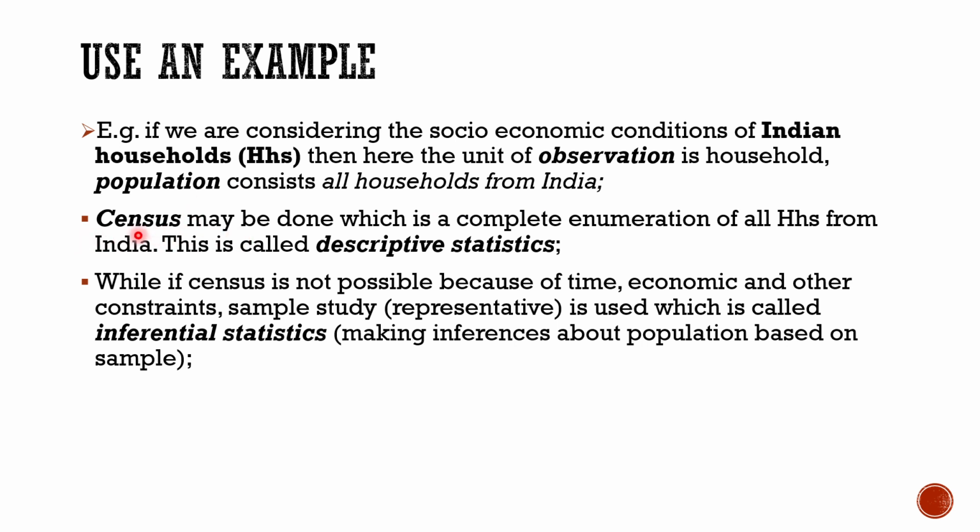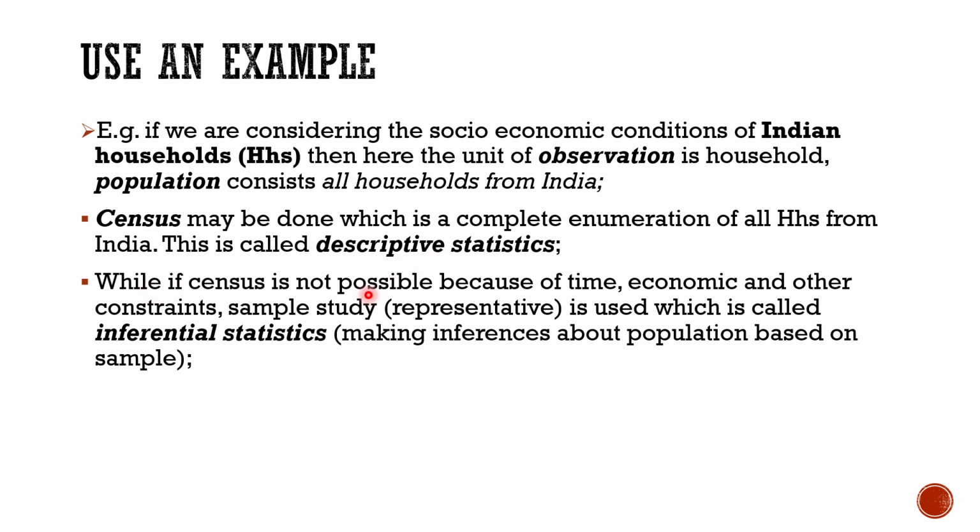The first one is called census, which is a complete enumeration of all households from India. If you can go for all households, then it is called census, and the characteristics would be called descriptive statistics in the case of census, because we have information on a particular variable completely.